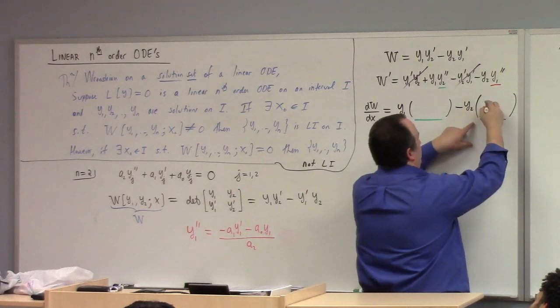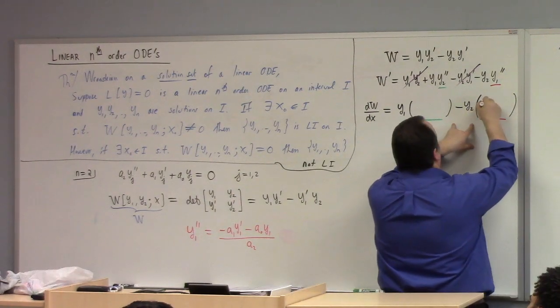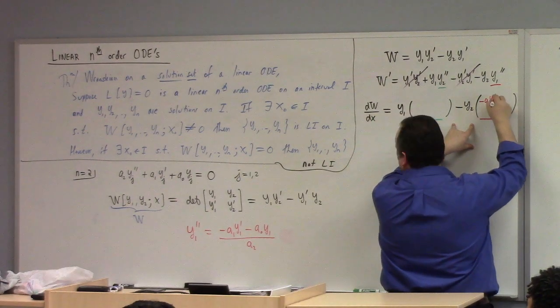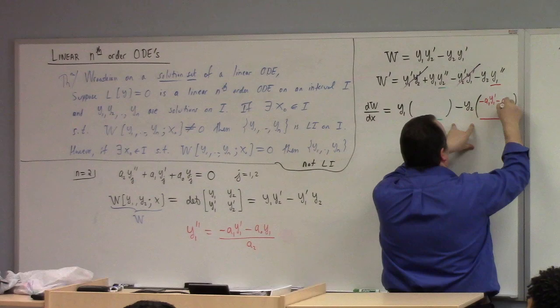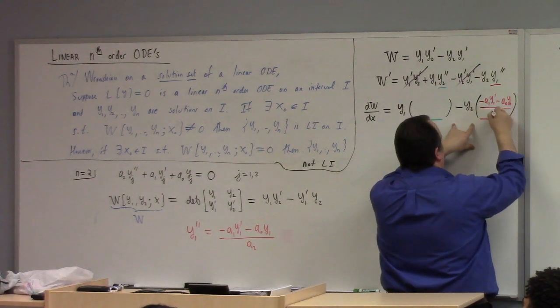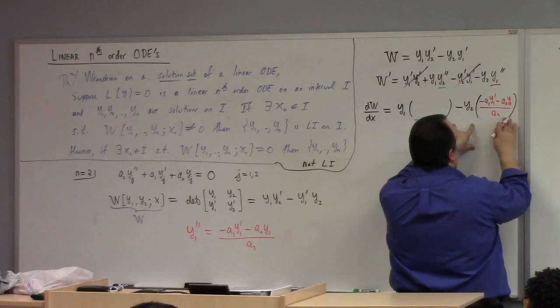So I can put that up in here. So I got minus a1 y1 prime minus a0 y1 divided by a2, right?